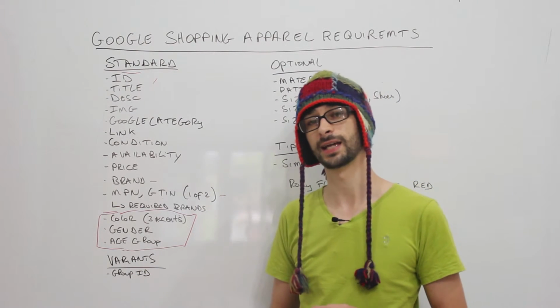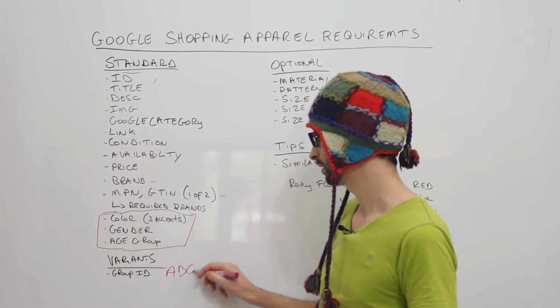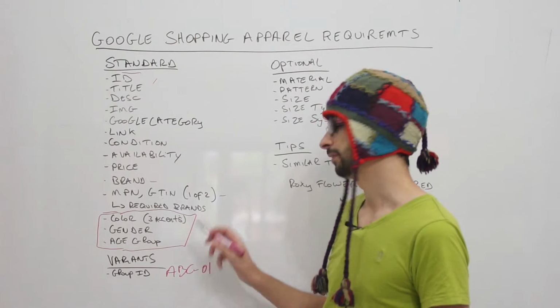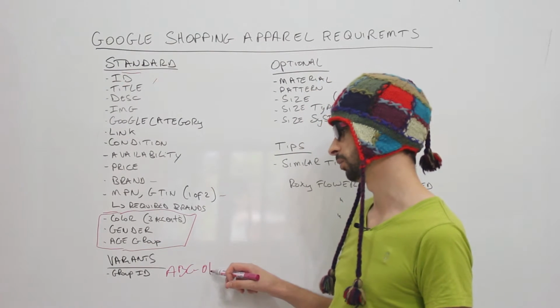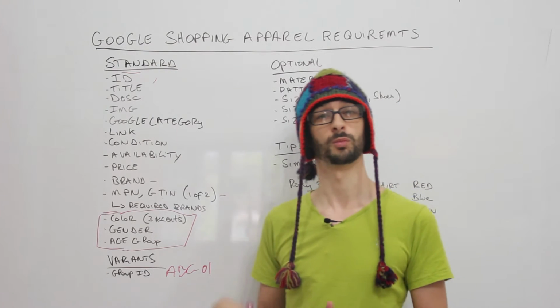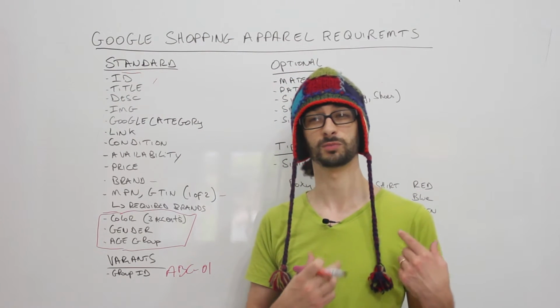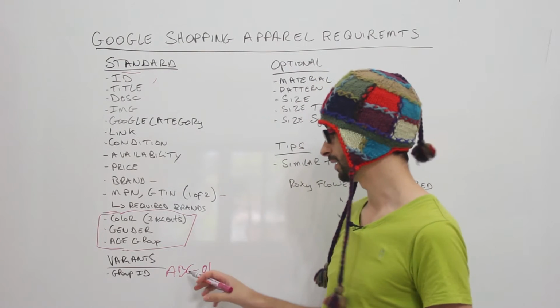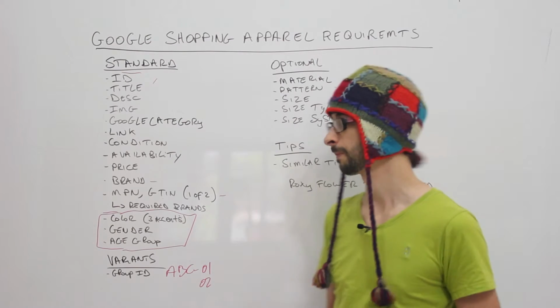This group ID can be anything. So you just say, for example, ABC with a number 01. Then for your next product, you just say the same thing, ABC01, if it is a variant. If it's a completely different product, let's say this one with not a smiley face, but just a thumbs up, then it's 02. So it's the next product, a different product variant.